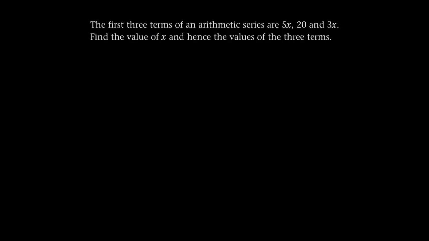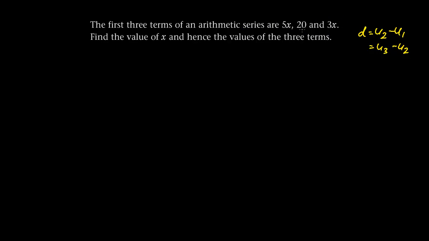In an arithmetic series, if three consecutive terms are given, then we use the common difference rule. The common difference rule says the next term subtract the previous term is equal to the next term subtract the previous term. So U2 minus U1 is equal to U3 minus U2.